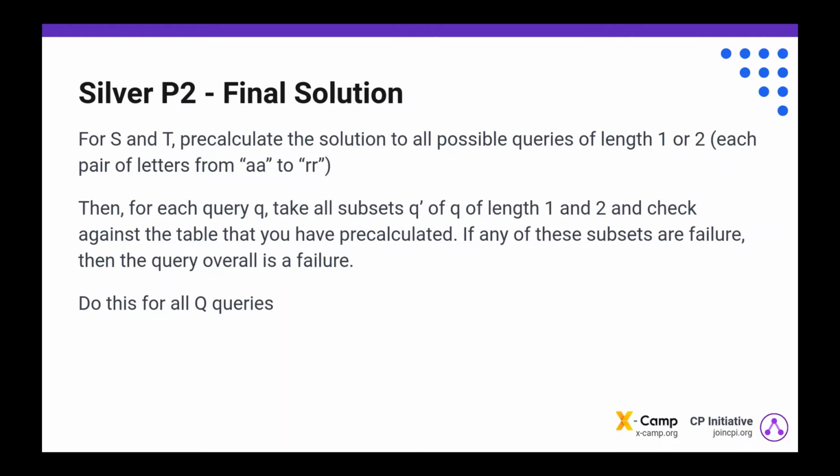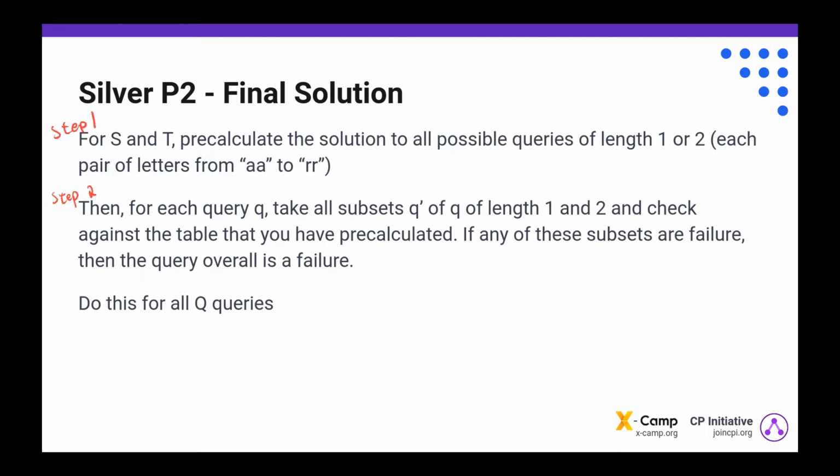So this is step 1, this is step 2. If any of these subsets are a failure, then the overall query is a failure. And do this for all Q queries.